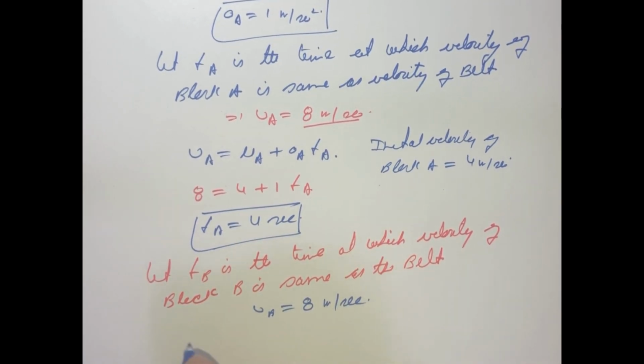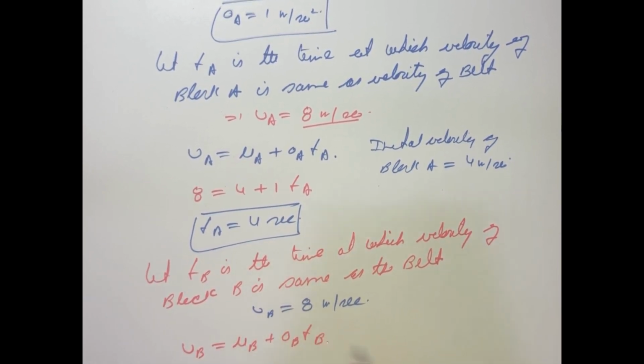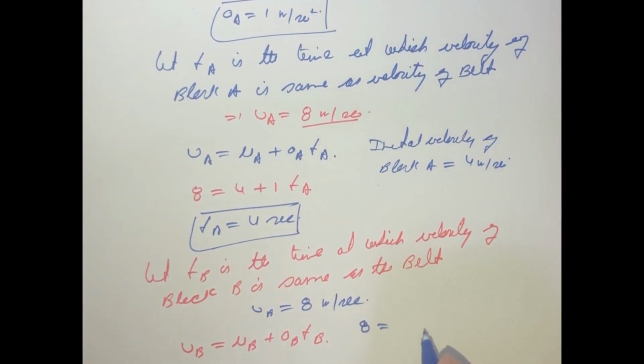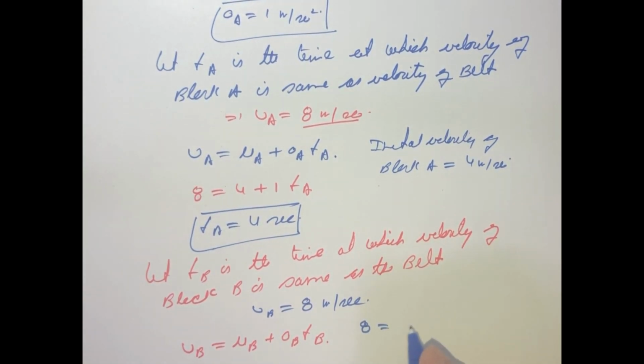We can use the equation VB is equal to UB plus AB TB. We already found that this is 8, its initial velocity is 0 and acceleration is 4 multiplied by TB.